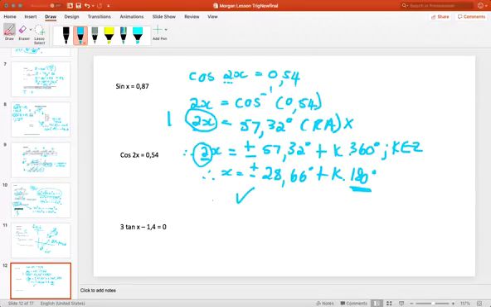So what we learned from that example is that we only solve for x by itself inside the general solution. We don't do it there. At that step, we are simply trying to find the reference angle. And it is the reference angle that gets substituted into the general solution.